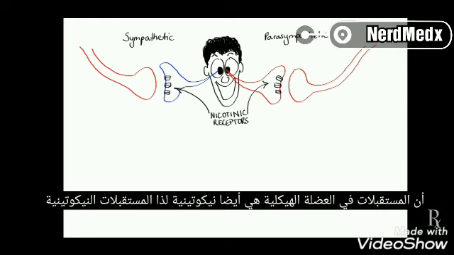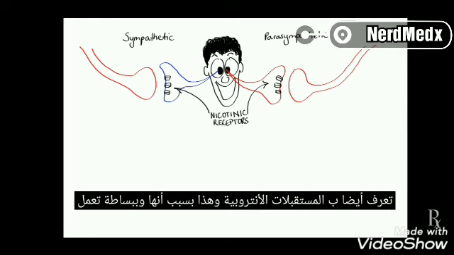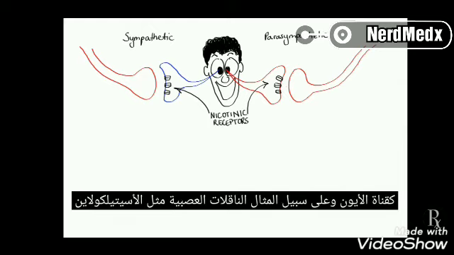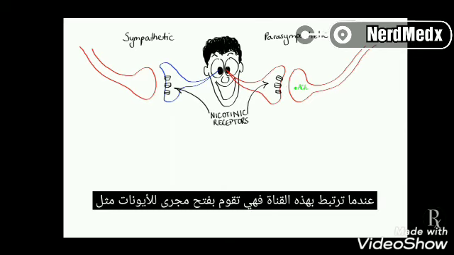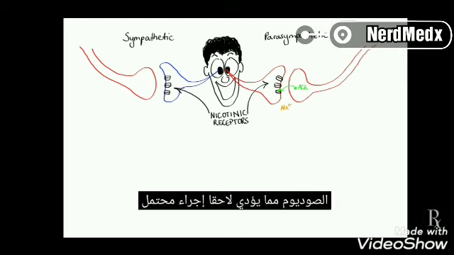So nicotinic receptors are also known as ionotropic receptors, and this is because they simply work as an ion channel. So for example, when neurotransmitters such as acetylcholine binds to such channel, it causes it to open up, allowing passage of ions such as sodium, which eventually leads to an action potential.